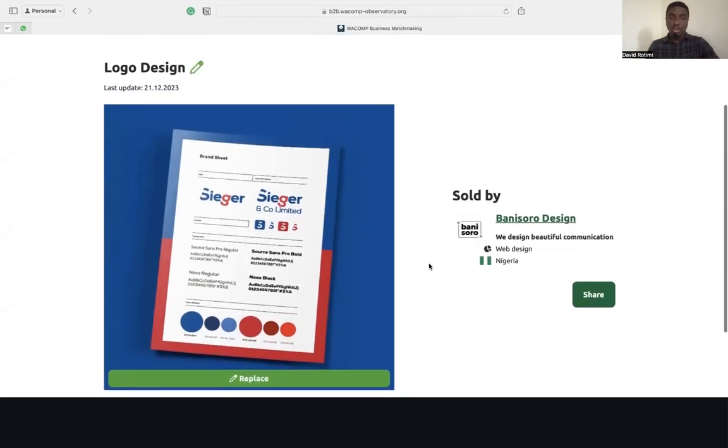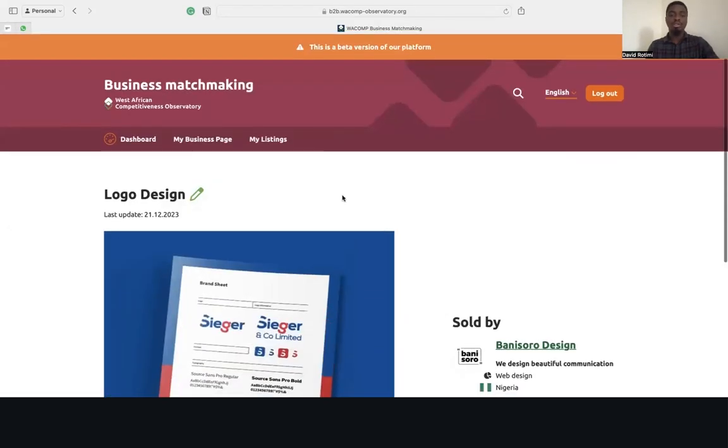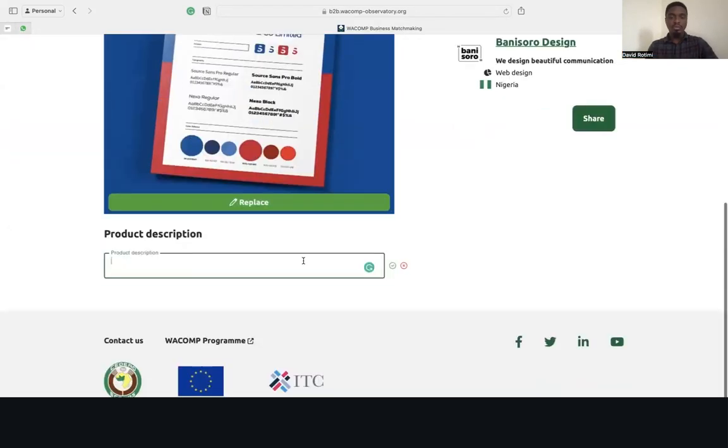And then once you're done with that, people can come to your listings. For the sake of time, I'll just say here, simple logo for 250,000 naira, delivery in 1 week, images and mockups delivered along with the soft copy.